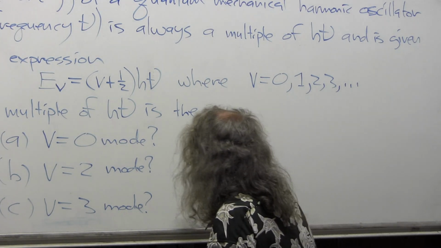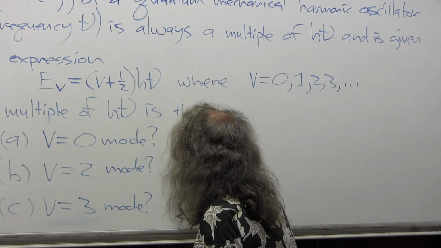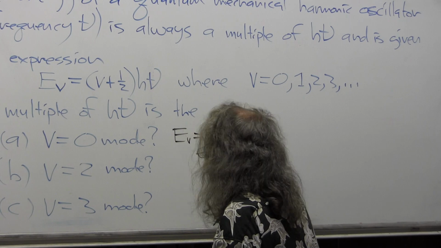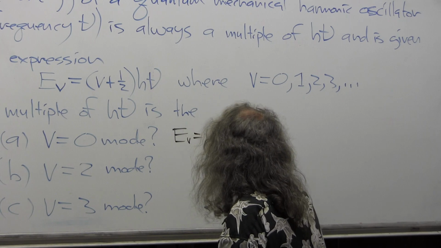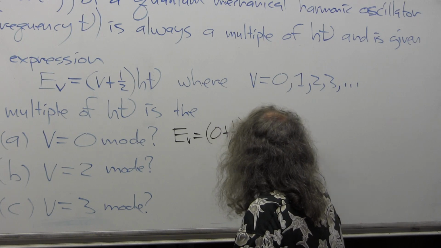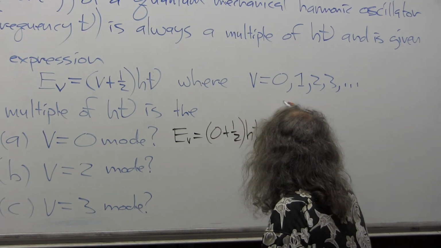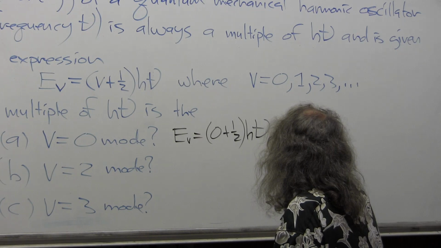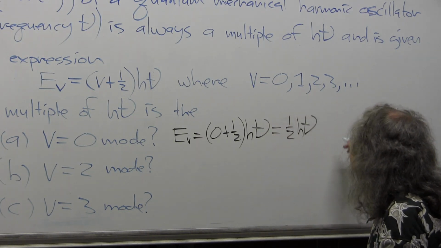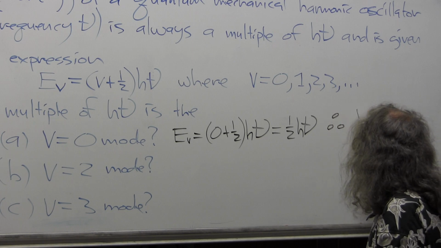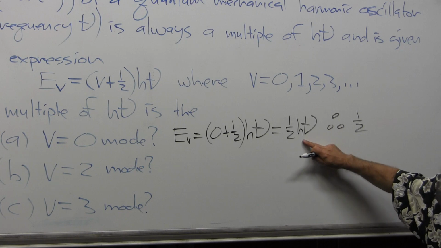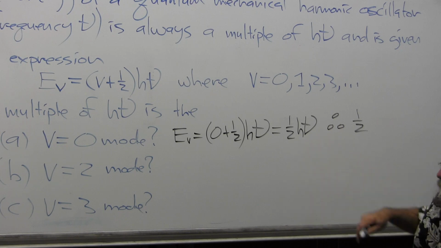So if v equals 0, E sub v is going to be equal to 0 plus 1/2 times Planck's constant times nu, which is equal to 1/2 Planck's constant times nu. So therefore, 1/2 is the multiple of h nu.